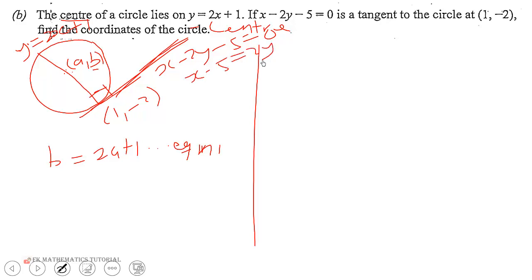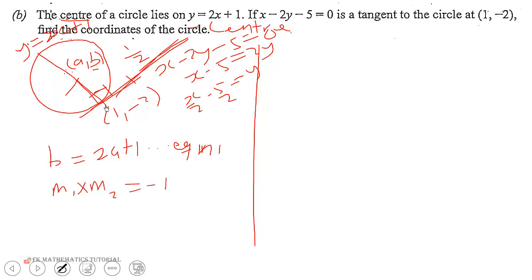So y will be equal to x over 2 minus 5 over 2. So the gradient of this line is 1 over 2. So the gradient of this line times the gradient of this line should be equal to -1. m1 times m2 should be equal to -1.